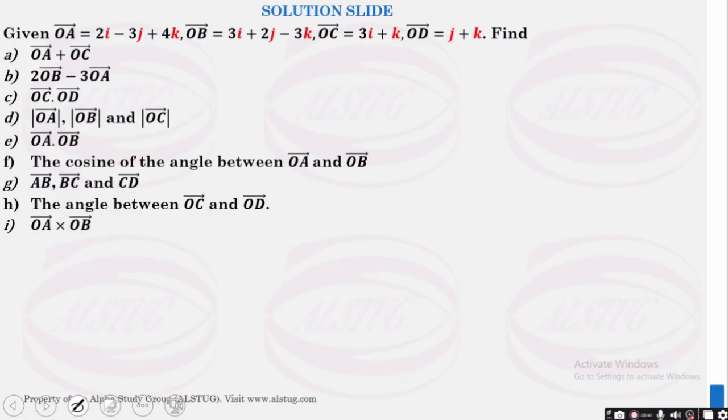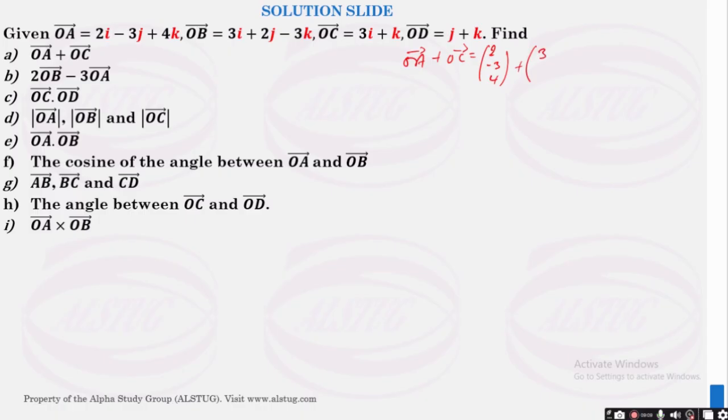Now, given OA equals that, and OB and OC and OD, find OA plus OC. We've been given them clearly. So OA plus OC, of course, OA can be written as 2, negative 3, 4 plus OC.